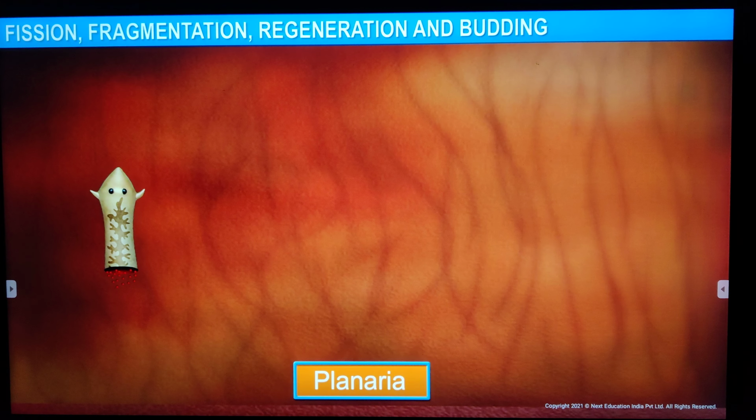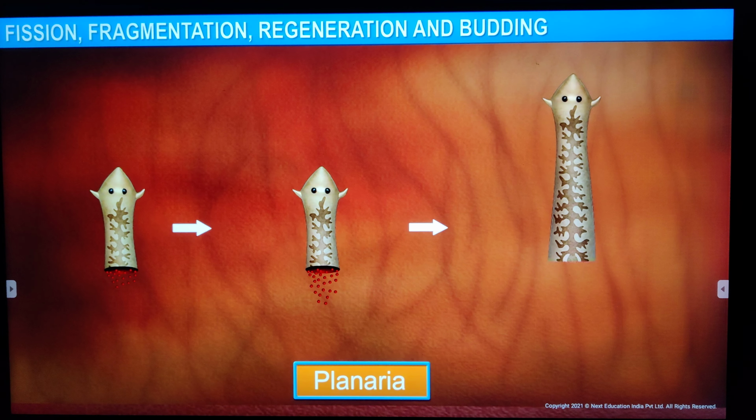The cut cells have specialized cells for reproduction. These cells proliferate into a large number of cells. From this mass of cells, different cells undergo changes to become various cell types and tissues.